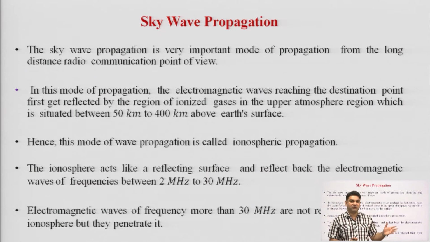In sky wave propagation we utilize a higher frequency range, approximately 2 megahertz to 30 megahertz. Electromagnetic signals of this frequency range can be used for sky wave propagation.